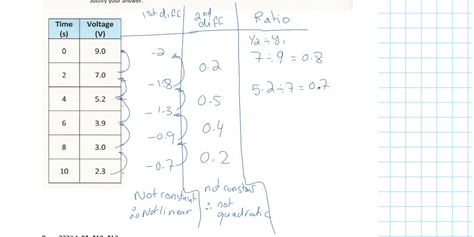Then I have 3.9 divided by 5.2. Is it about 0.8? Seven five rounds to 8, right?